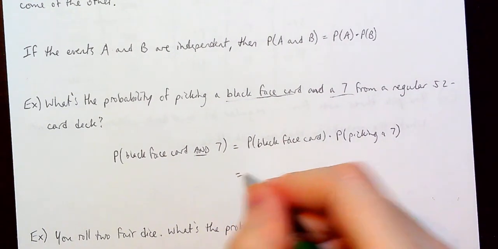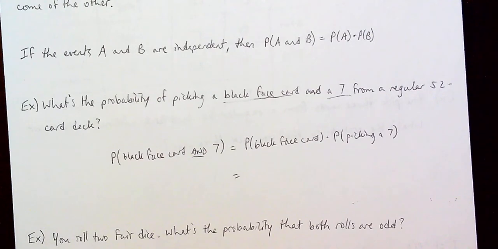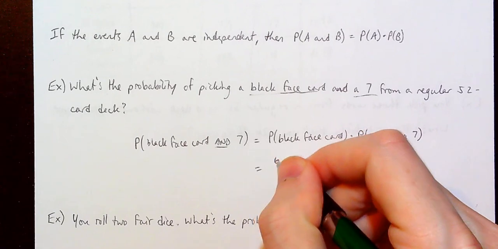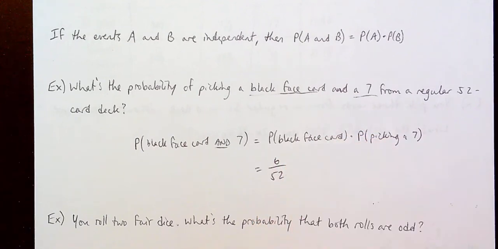All right, what's the probability of picking a black face card? Well, we said the face cards were jacks, queens, and kings. We have 2 suits, clubs and spades. So there are 6 black face cards out of the possible 52 card deck.